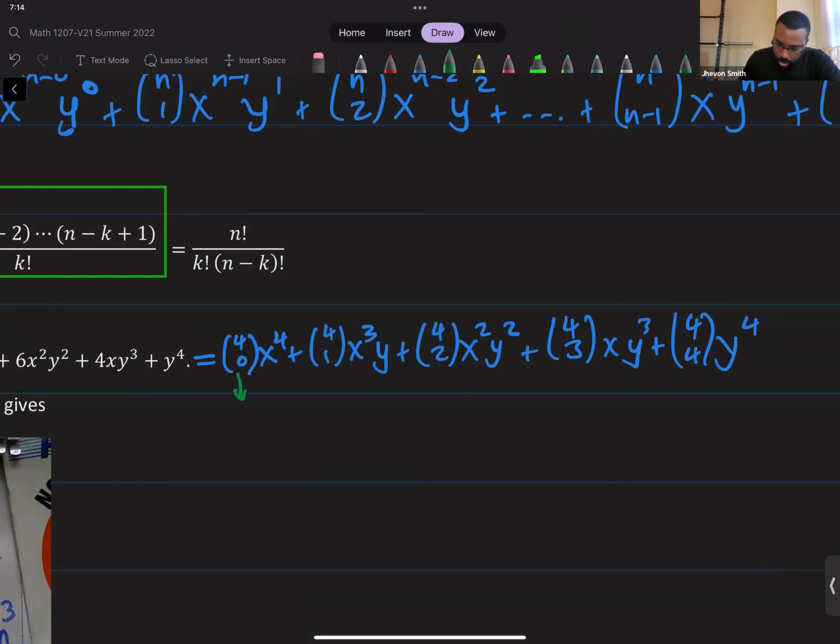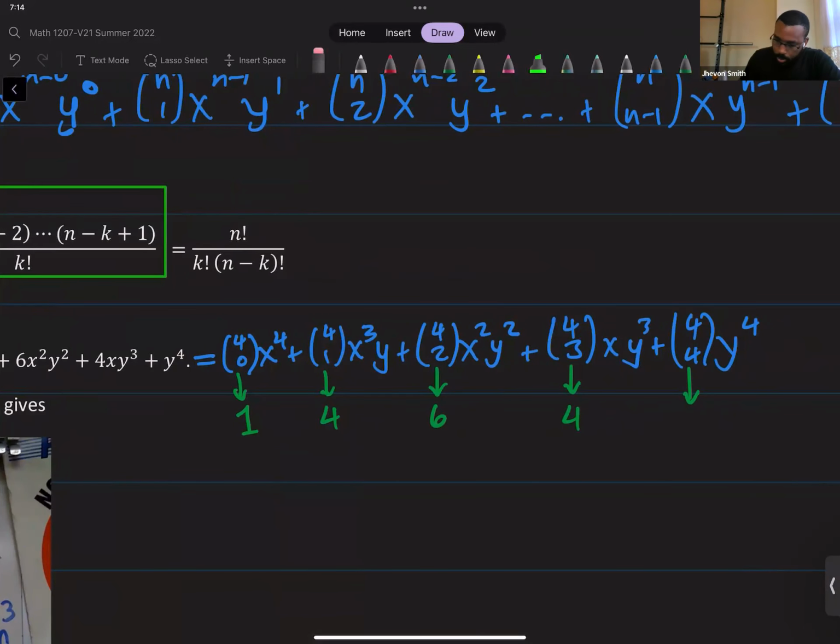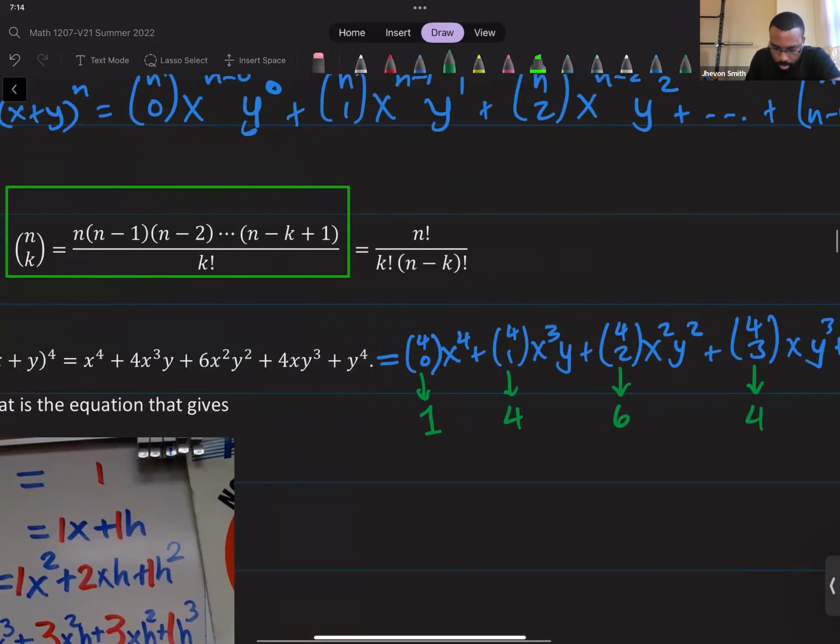It turns out that this number is 1, this number is 4, this number is 6, this number is 4, and this number is 1. And that gives you the coefficients in the expansion.